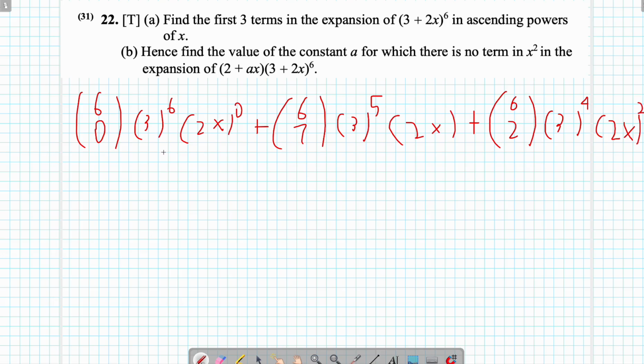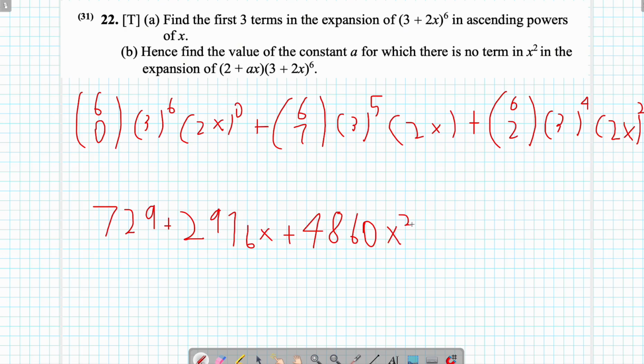So we have first of all 3 to the 6, which is 729, plus 6c1 times 3 to the 5 times 2x, which is 2916x, plus 6c2 times 3 to the 4 times 4x squared, which is 4860x squared.